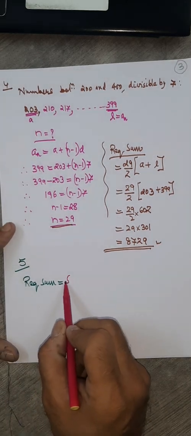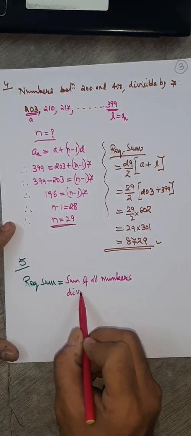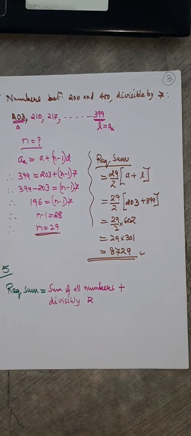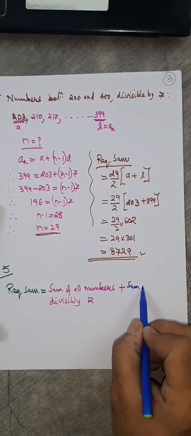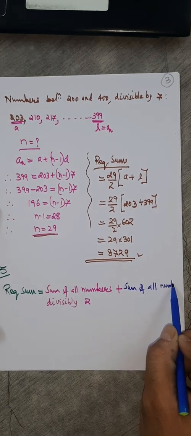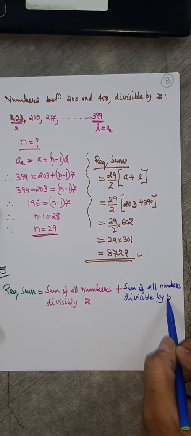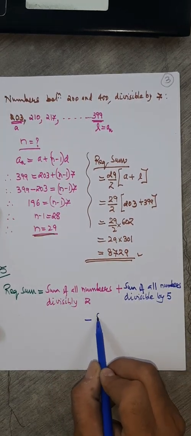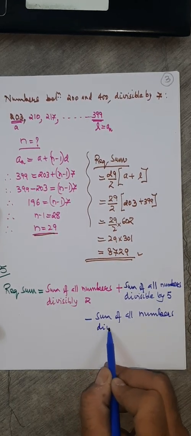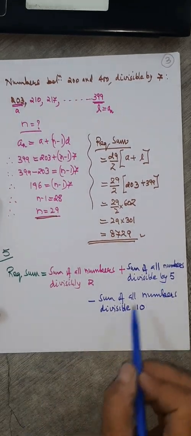That equals sum of all numbers divisible by 2, plus, from 1 to 100 we are talking, plus sum of all numbers from 1 to 100, all numbers divisible by 5, minus not both, that is sum of all numbers divisible by this and this, that is 10, the LCM of 2 and 5 which is 10.